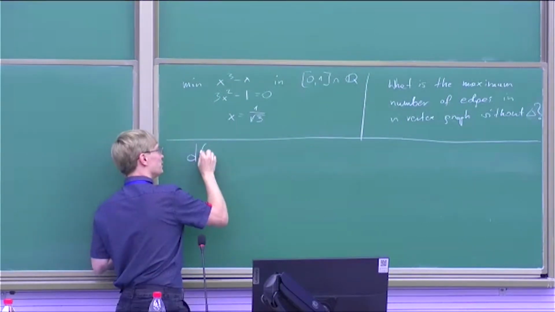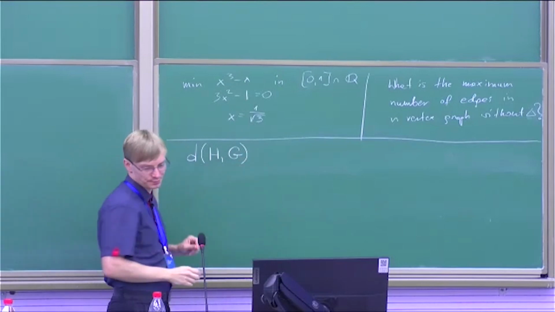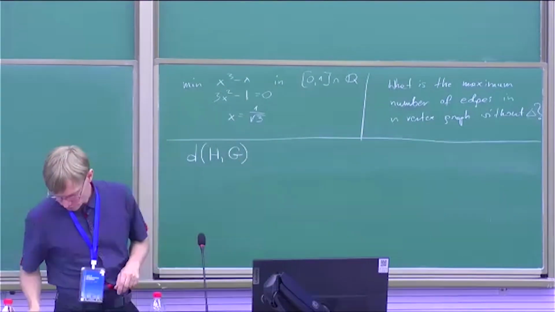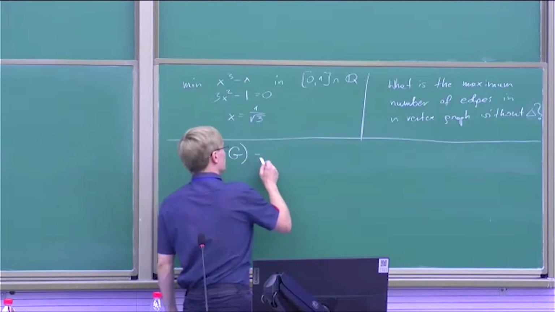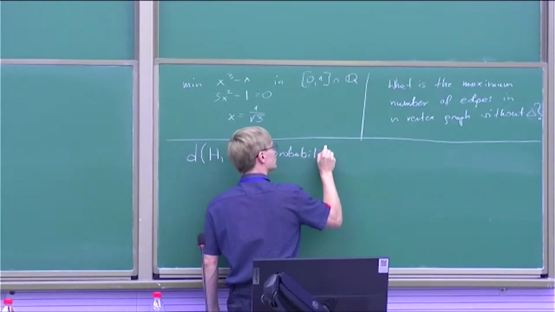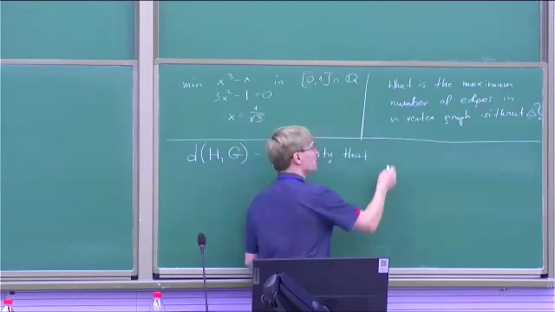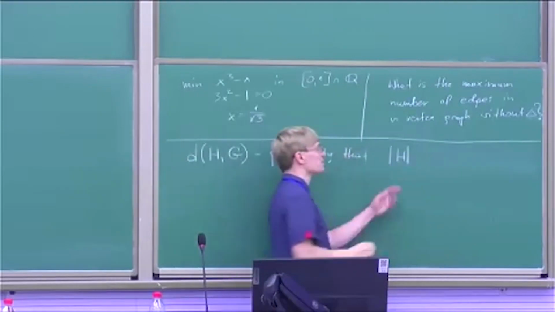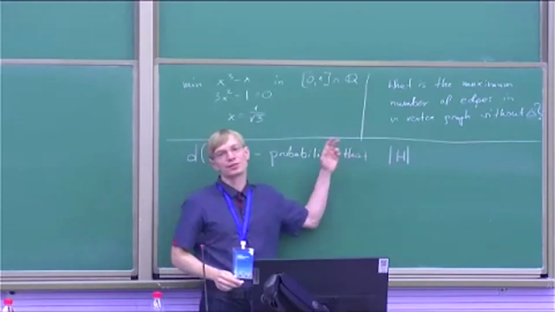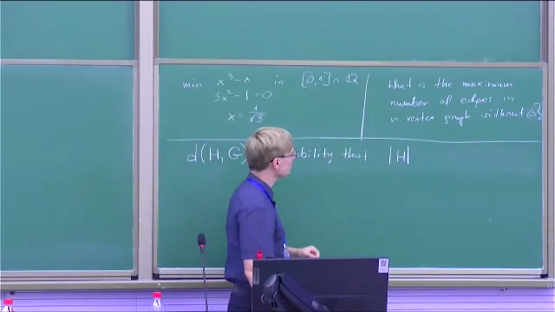I will say that the density of one graph H in a different graph G is the probability that, where the symbol |H| I will always mean the order of the graph H, so the number of vertices.